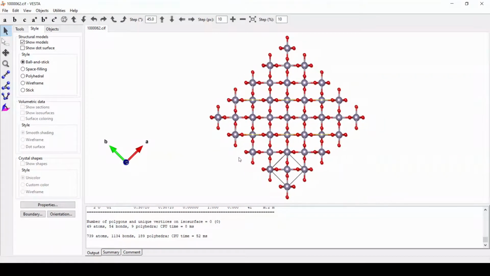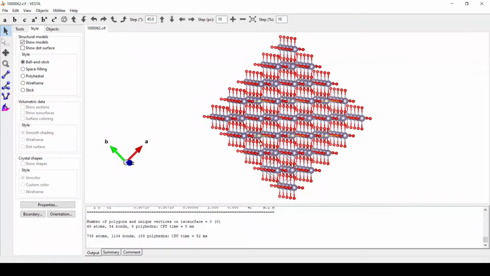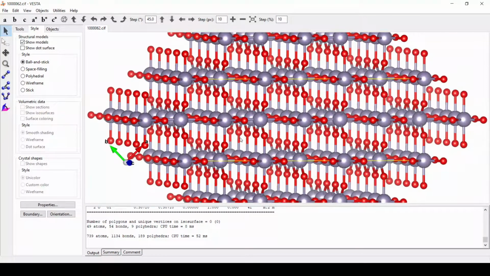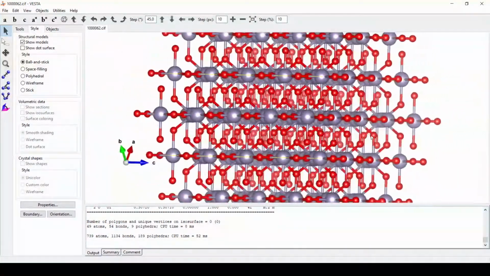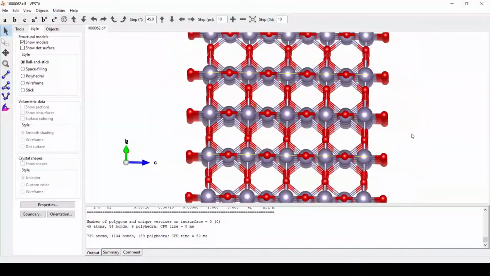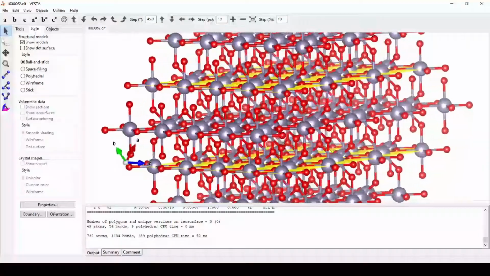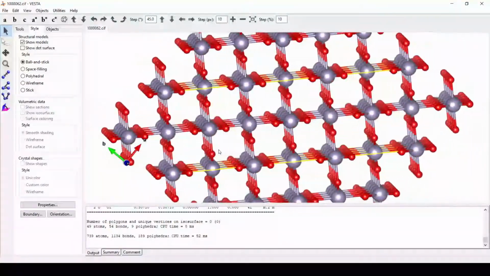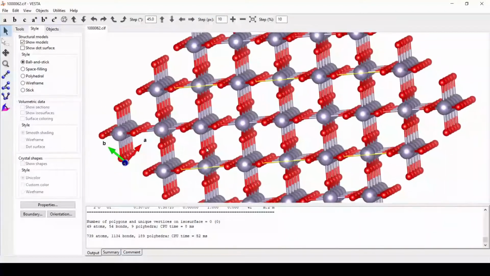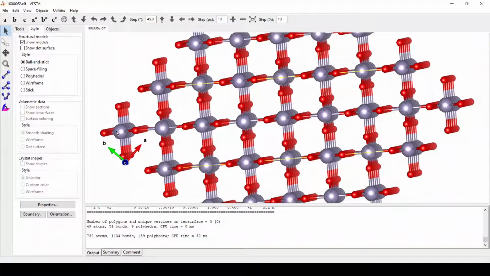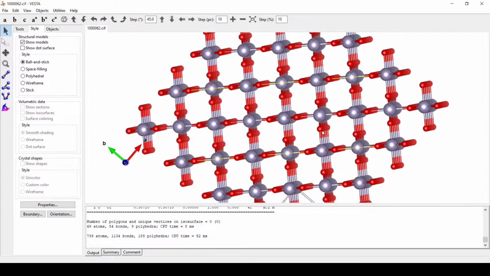Now we have this. Then we have to search for the periodicity. If we zoom in and see for the periodicity, what we see is the atoms that we have here. This is having periodicity here, this is having here, and this is having here. By leaving one particular atom, we can see the periodicity.